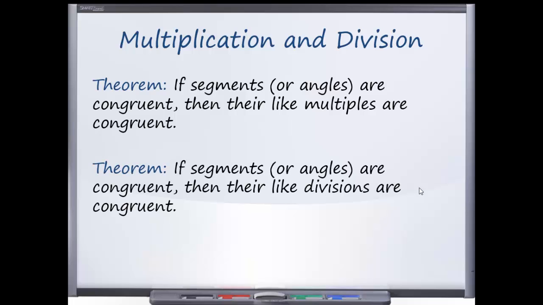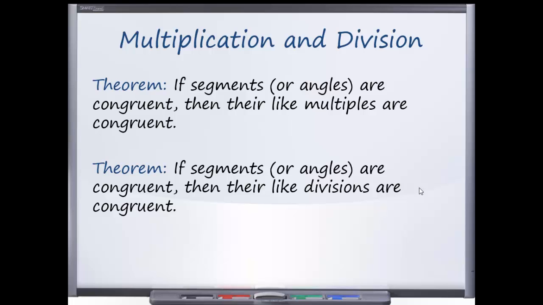And likewise, if segments or angles are congruent, then their like divisions are congruent. Okay, so if we know we have two congruent segments that have been bisected, we can say that those smaller segments are also congruent.